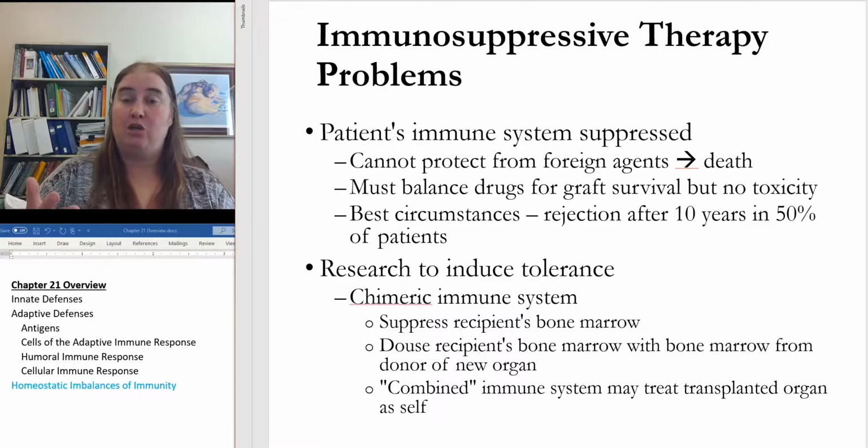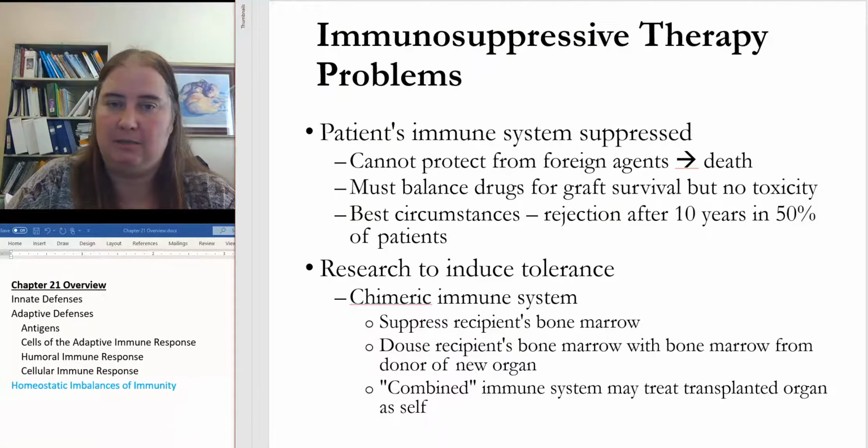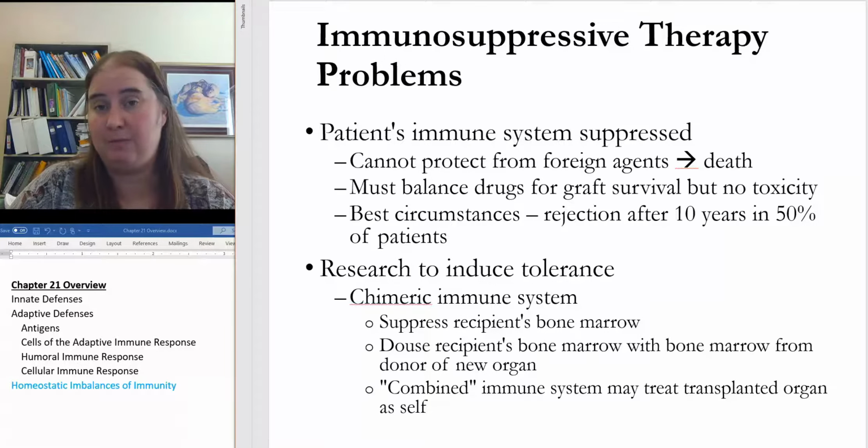You have a pathogen, a common cold virus, bacteria that enters the body, and now you have no immune system to actually fight that off. So a lot of people in their early years, if the body's not rejecting it, succumb to infections. This is why it's so important when your patient has a transplant to maintain themselves in a sterile environment.